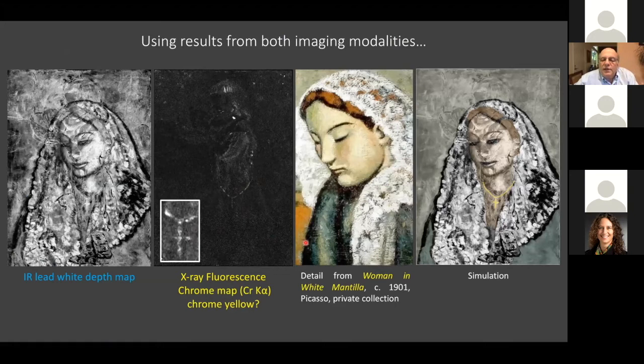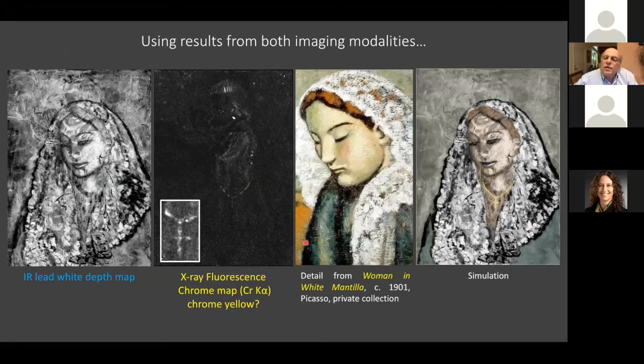It was dated 1905, but Picasso himself actually changed the date back to 1901 when he saw this written up. So now we have a painting in 1901 that becomes very similar in its character and nature to what we're seeing in our composition. So I have done a very crude simulation with color here, using some color information from the Woman in the White Mantilla. So this gives you a perspective of where we start, the data we get, and how it can round out to answer a question.